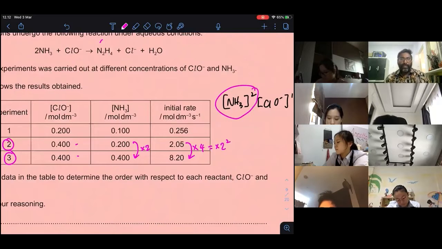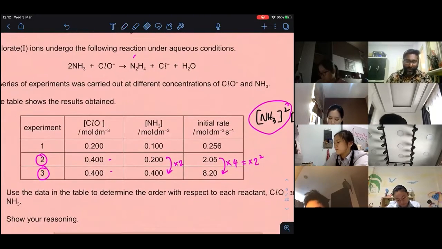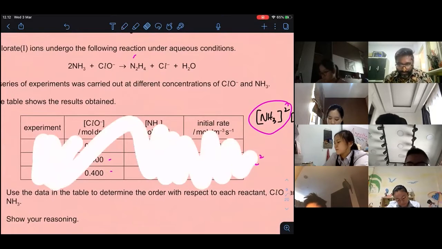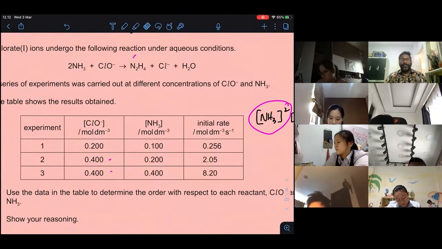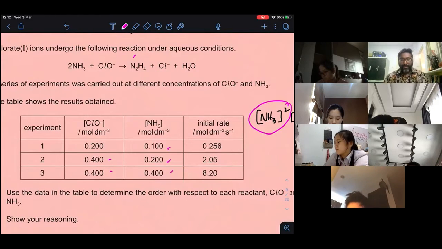And I also need to find out the order related to ClO minus. So how do I find out? First of all, I need to look whether ammonia is going to be constant, but I don't see any of the ammonia concentration being constant. So you still need to use the basic assumption that ammonia is second order.